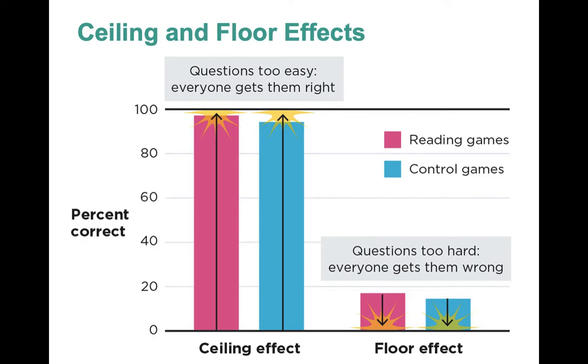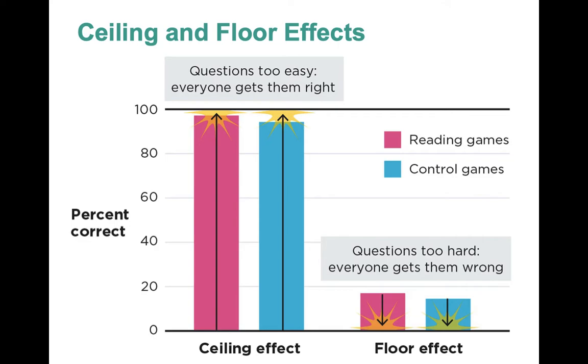And this happens in educational settings all the time, where a goal of an instructor is to differentiate between students who study a lot versus study a little. So giving a very easy examination would result in a ceiling effect where almost everybody would get a good grade. That wouldn't differentiate at all between who studied a lot versus who studied a little.